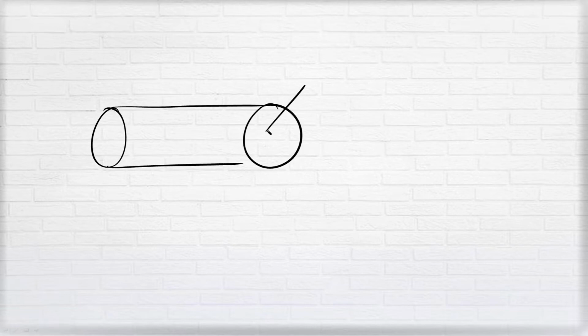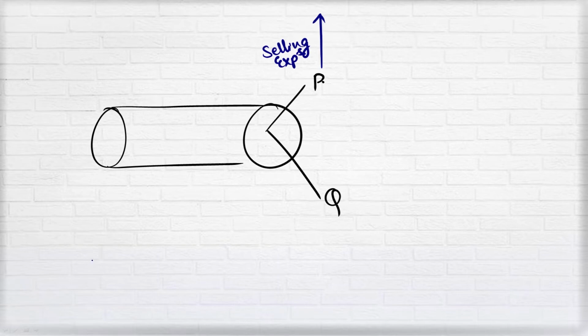Which products are manufactured at split off point? P and Q, right? P will be sold in the market. Please understand, it is already manufactured. To sell it, you need to do which expenditure? Selling expense. And then you get your selling price, right?